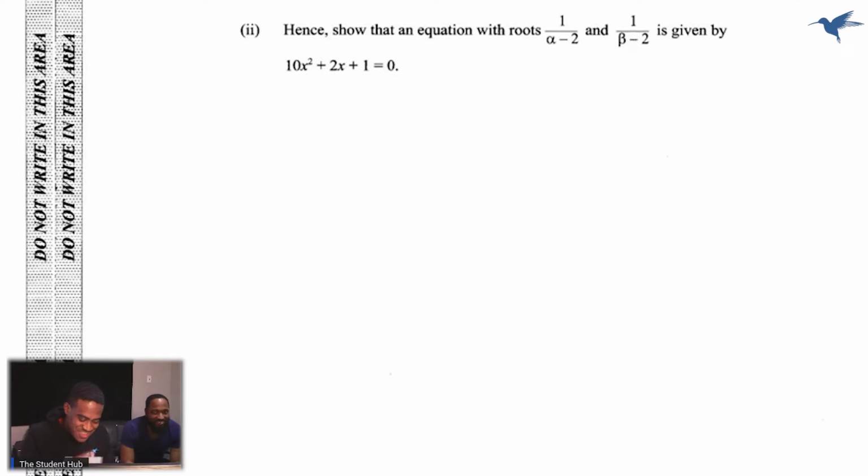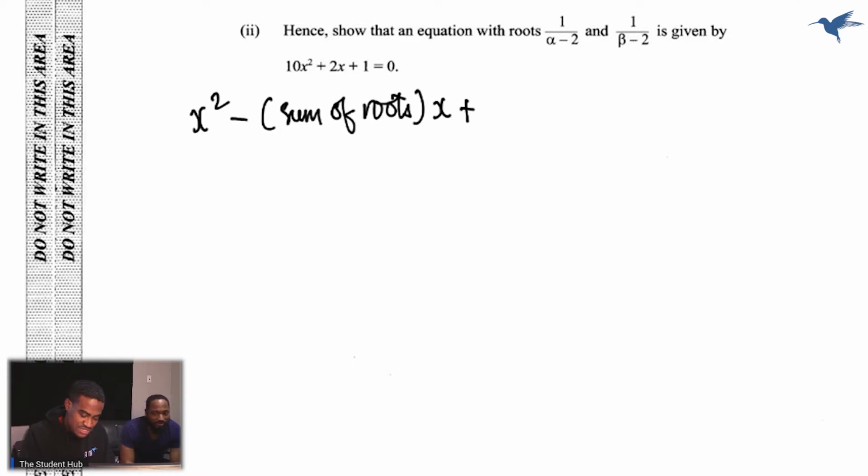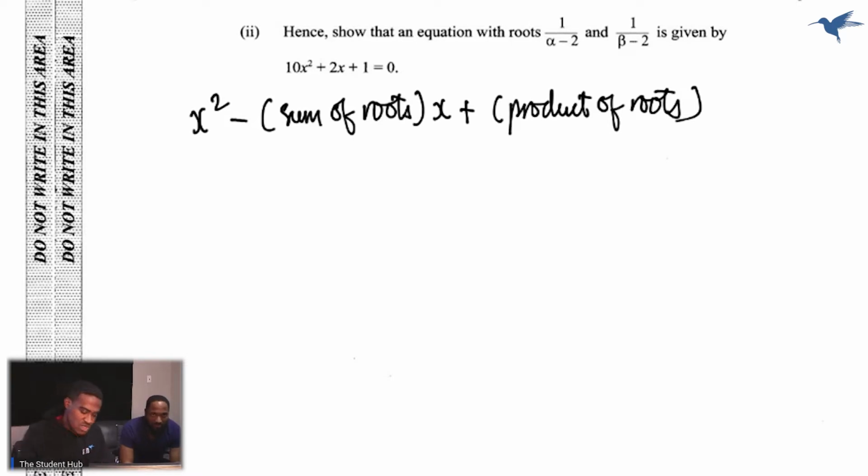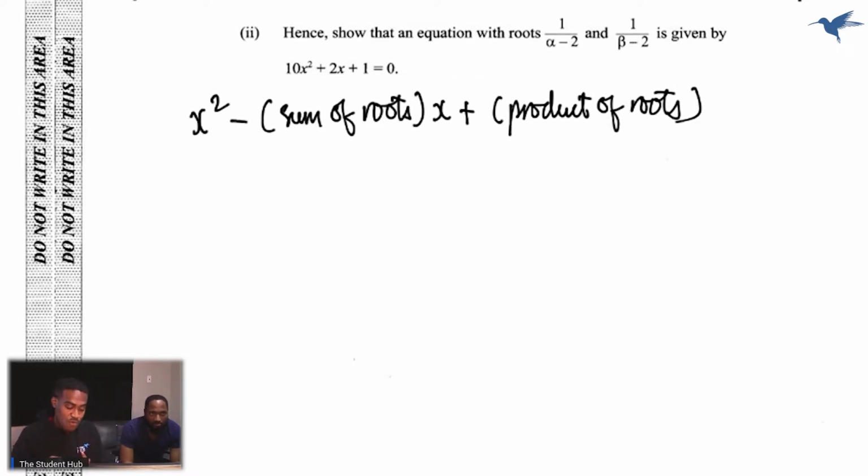So yeah, let's get straight into it. What we should know offhand for this particular question is the golden rule: you have x squared minus the sum of the roots times x plus the product of the roots. That would give you an equation here, and we can just throw in an equal to 0. But this is really the big gist here. That is what you need to know first and foremost.